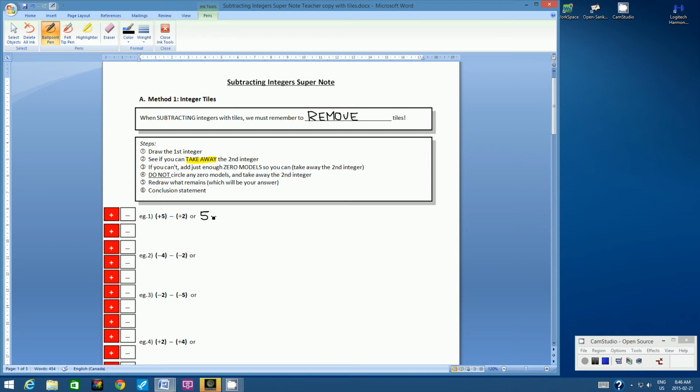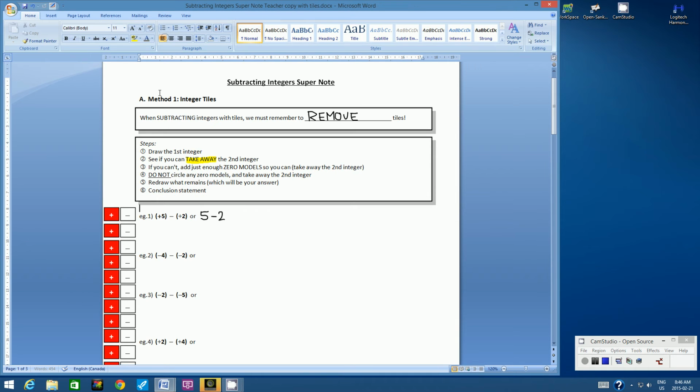We have a subtraction statement, so that can't change. And the second integer is also a positive integer, so we can take away the brackets and the positive sign. So we've got a very simple subtraction question: 5 minus 2. Put your pencils down and let's work with our tiles now.